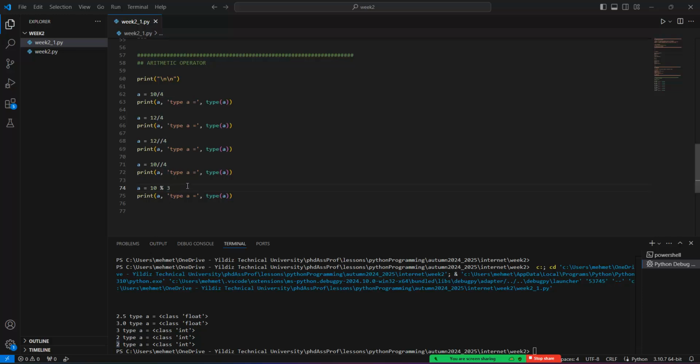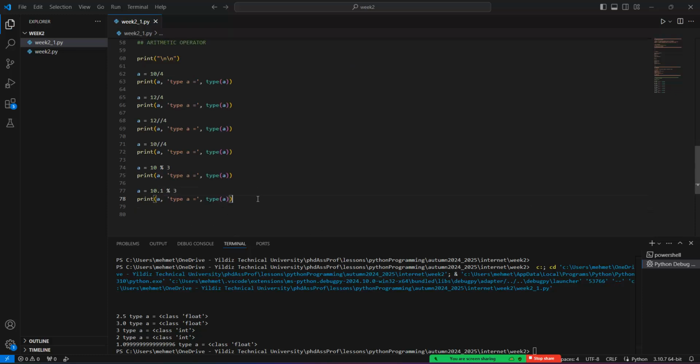If I choose 3 here, the remaining part is equal to 1, and it returns an integer value. What about 10.10? The remaining value from the percentage operator is a float value. This is the basic rule for division.